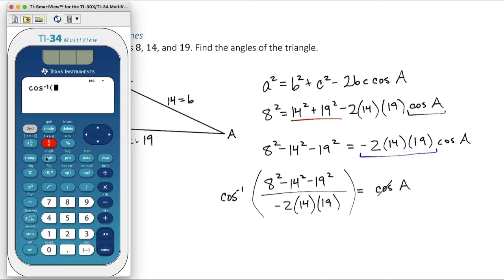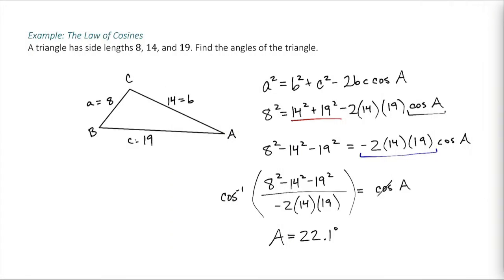And then we've got this fraction, 8 squared minus 14 squared minus 19 squared over negative 2 times 14 times 19. And that's what we go ahead and hit enter. And we get our angle A. I'm going to go ahead and round to 1 decimal place here. So about 22.1 degrees. A equals 22.1 degrees. All right, so now we have angle A.